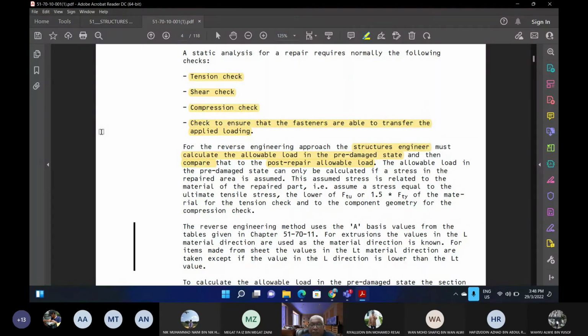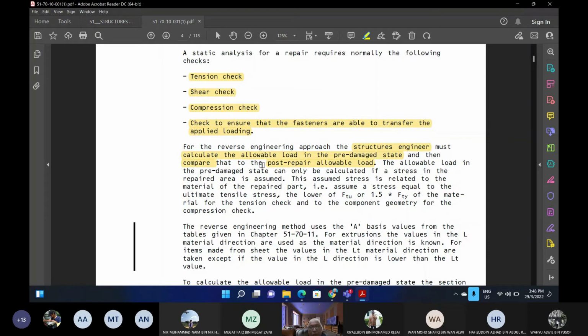Allowable load, not limit load. Allowable load, maximum load. And then you compare allowable load before damage, and then allowable load when you already have installed the doubler. Okay.